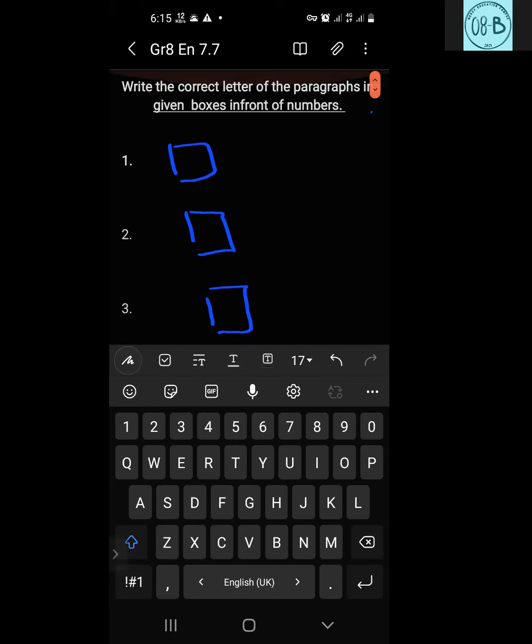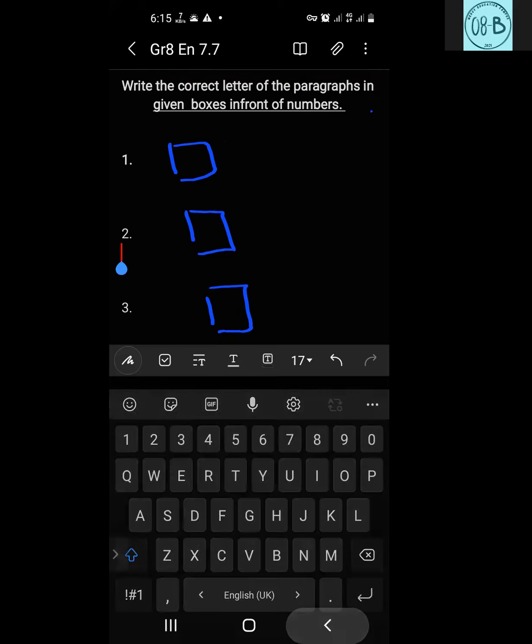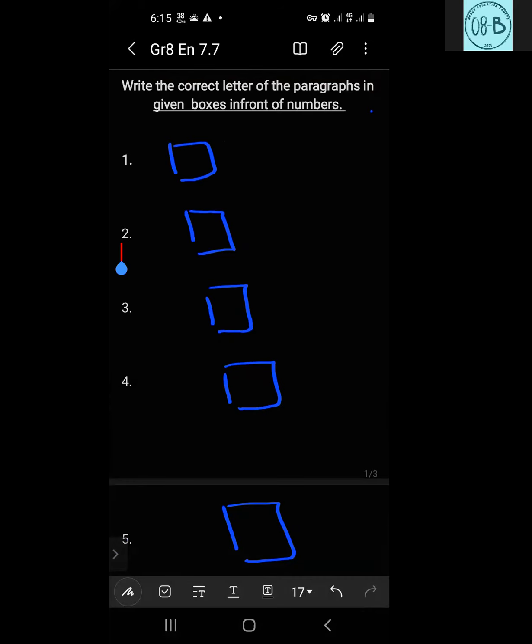If you put the boxes like this, you can write the correct English letter, the alphabet, in front of the number. Boys, did you understand how to answer this question? No, sir. Yes, I understood, sir.